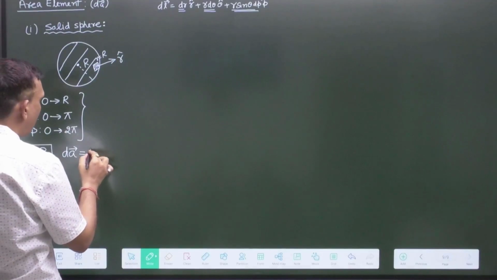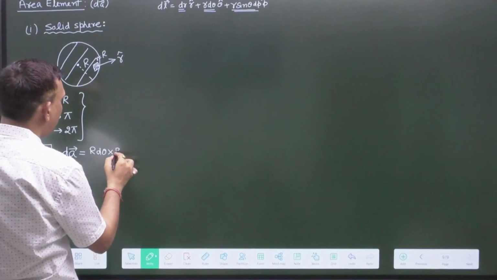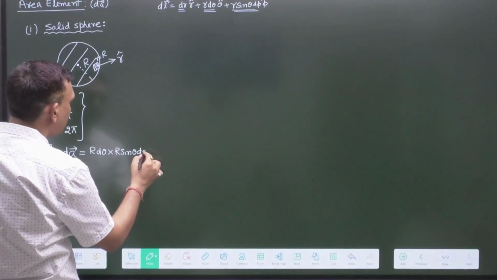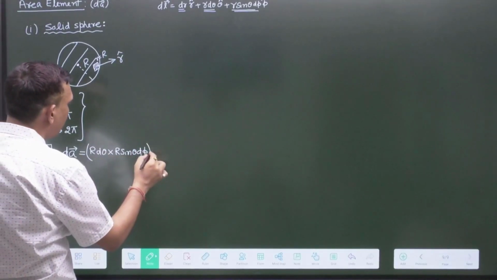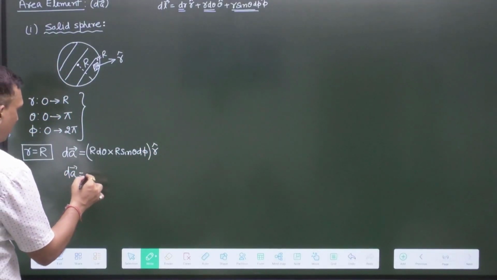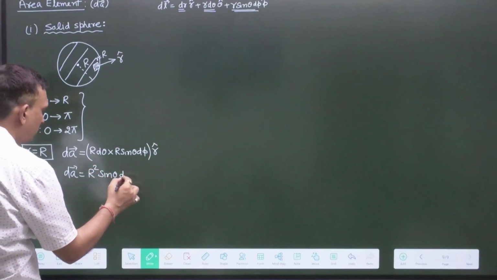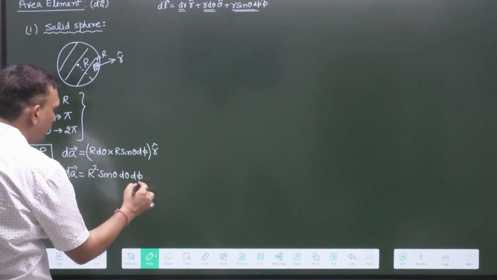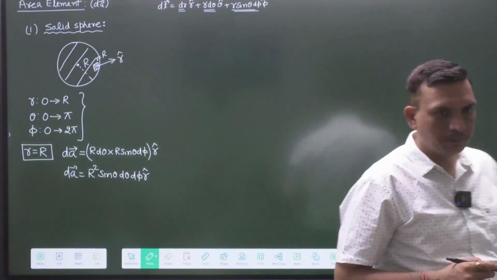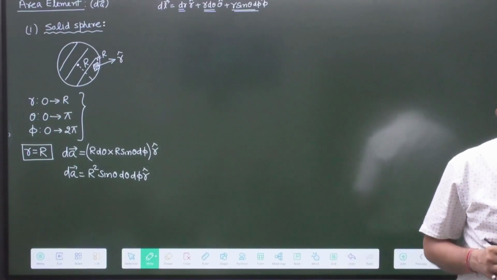One will be R d theta, another will be R sin theta d phi, and the direction will be r cap. So dA is R square sin theta d theta d phi. This is dA over the surface of a sphere. ठीक है?